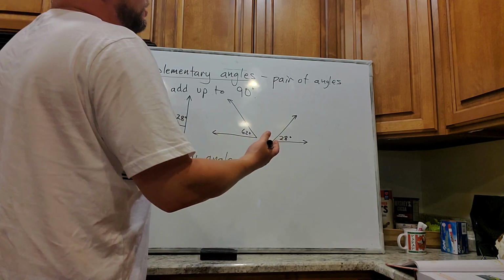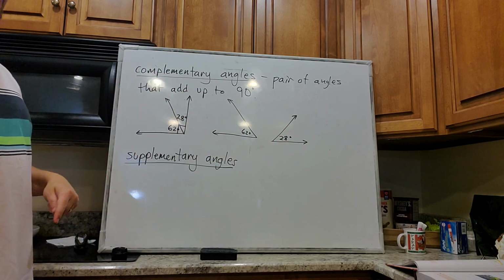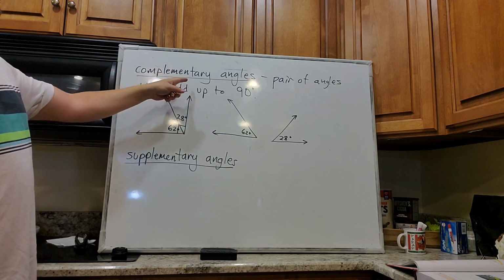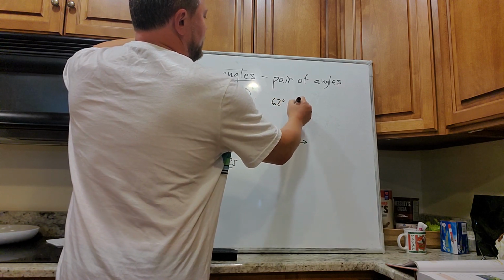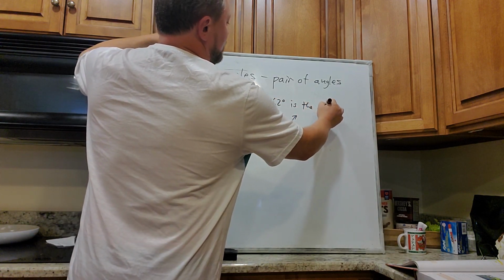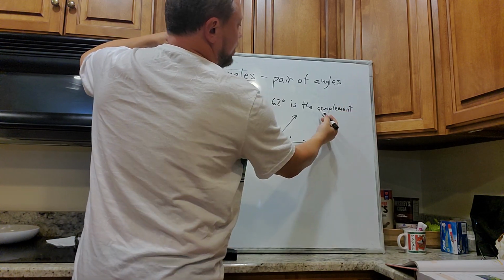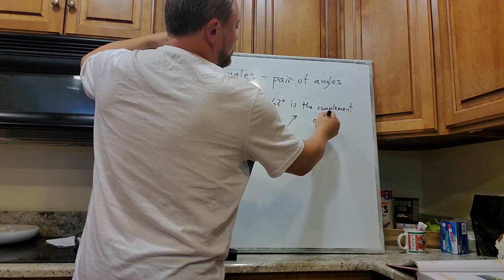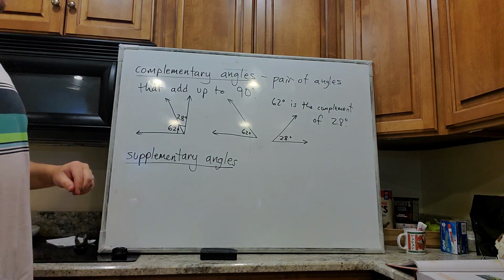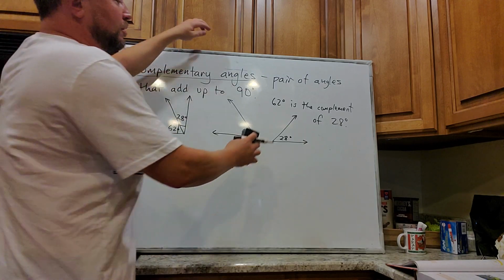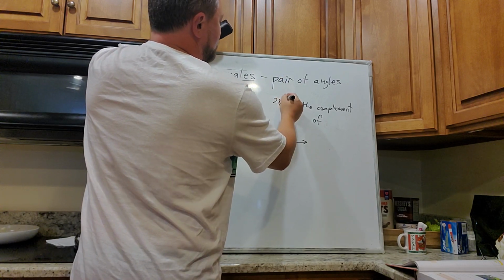Then, wording wise, if you're ever talking about any one of the two in the pair, they're said to be the complement of the other. So you could say that 62 degrees is the complement of 28 degrees, or you could switch that around and say 28 is the complement of 62.